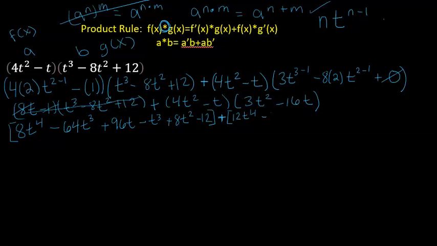And it's going to be negative 64t cubed, or to the third power, negative 3t to the third power plus 16. It's going to be positive 16t to the second. It's positive because negative t, which is basically negative 1, times negative 16 gives me positive 16t squared, because I have 2 of them.